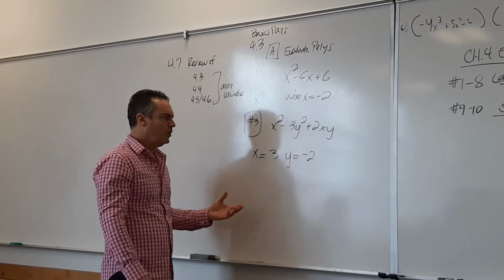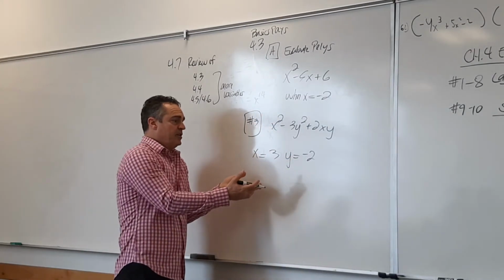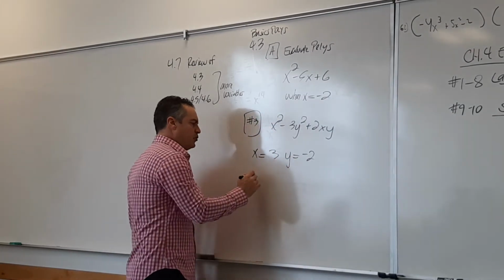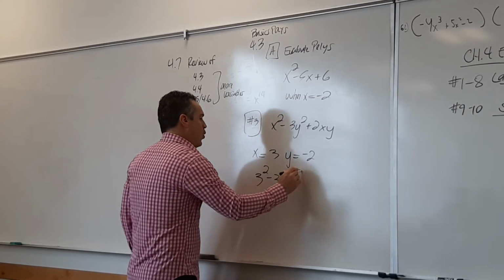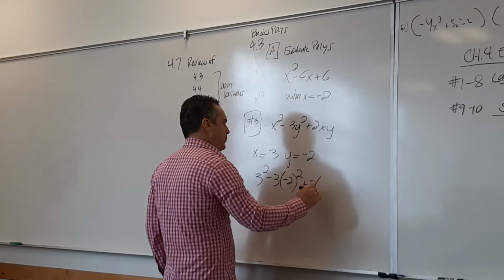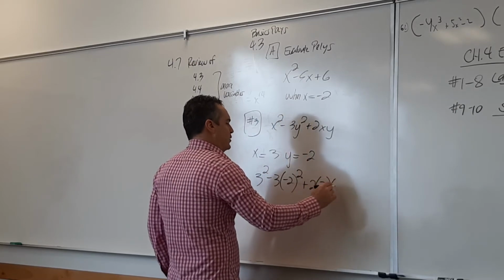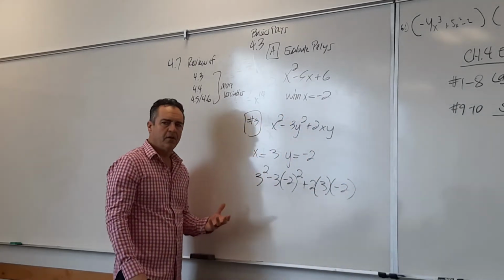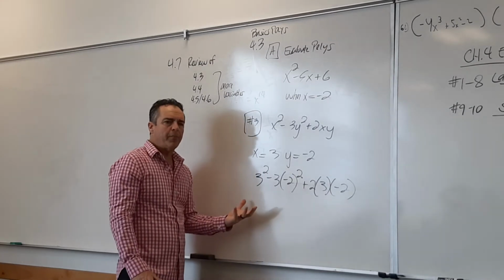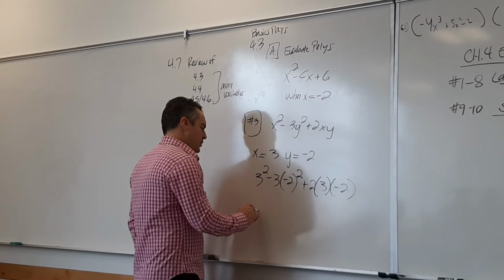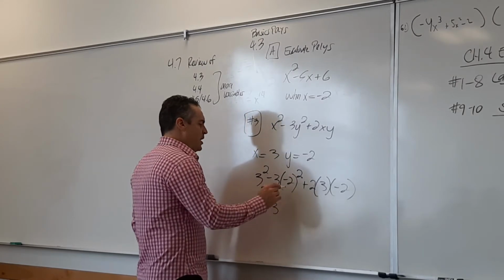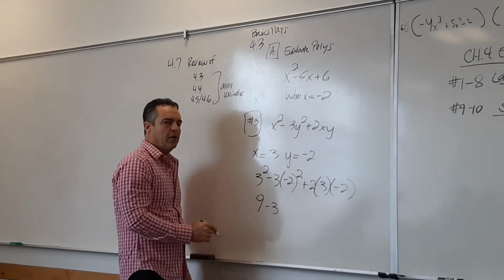Okay? So we know how to evaluate. It's simply substitute. Where there's an x, we put in a 3. So we end up with 3 squared minus 3 times -2 squared, right? Plus 2 times 3 times -2. Agreed? Yes. Okay, so this becomes an order of operations problem. Do the exponents first. What's 3 squared? 9 minus 3 times -2 squared, which is 4.